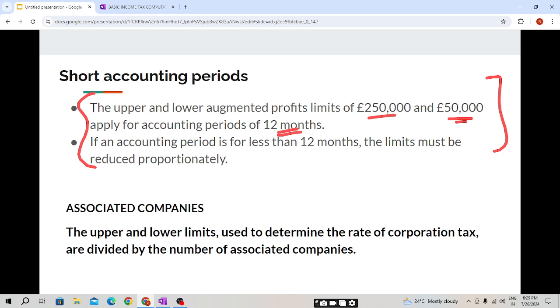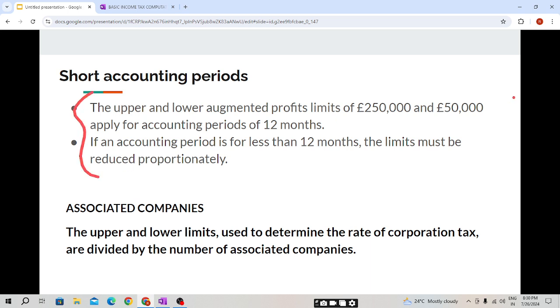If the accounting period is long, we will split into two accounting periods. The first one will be 12 months of the long accounting period, and the second one will be the rest of the months. I hope this is clear.